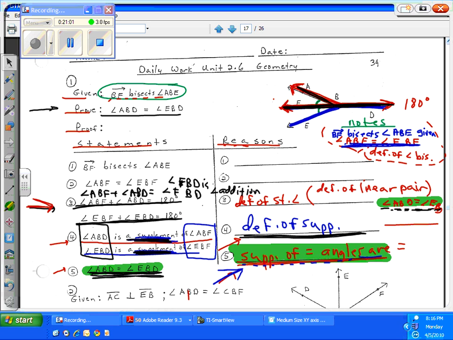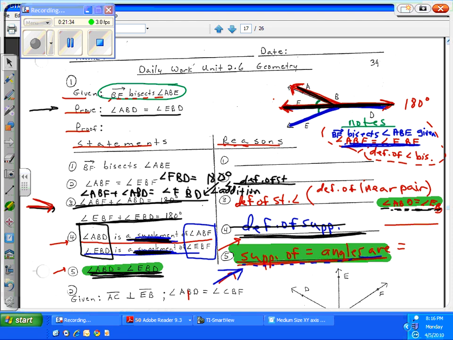And then we could say angle FBD is equal to 180 degrees by the definition of a straight angle.